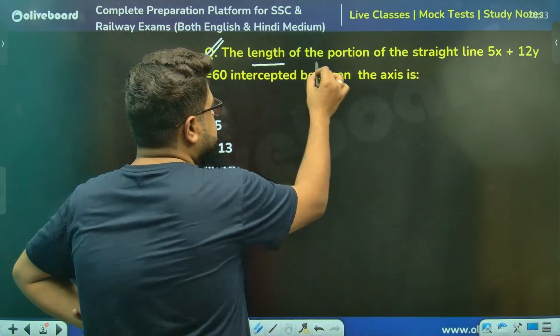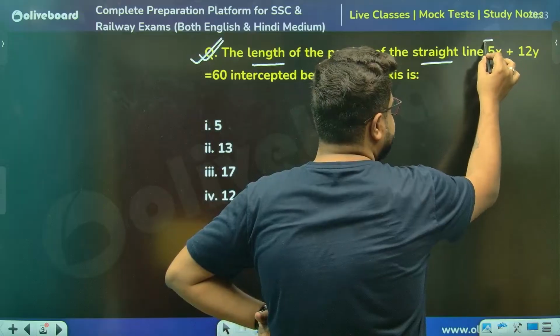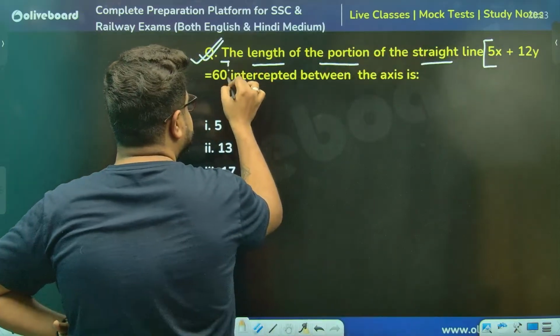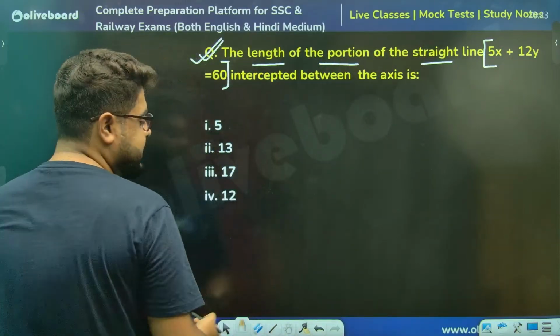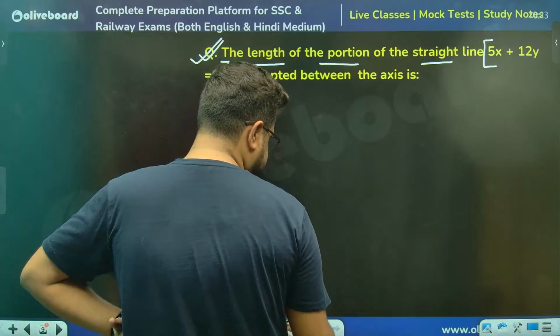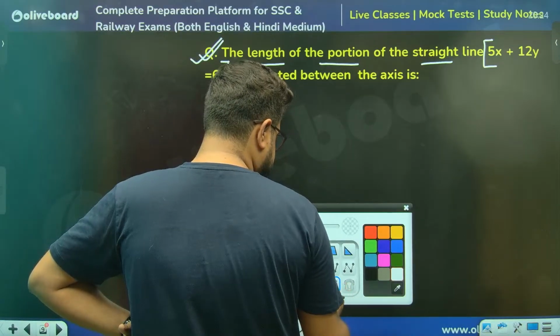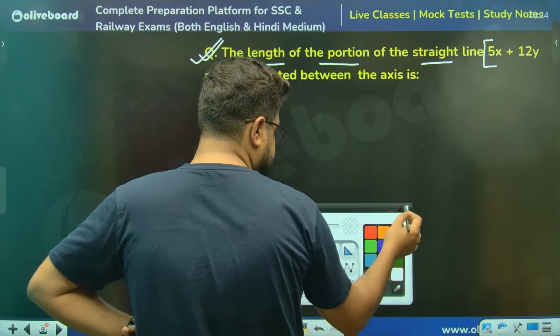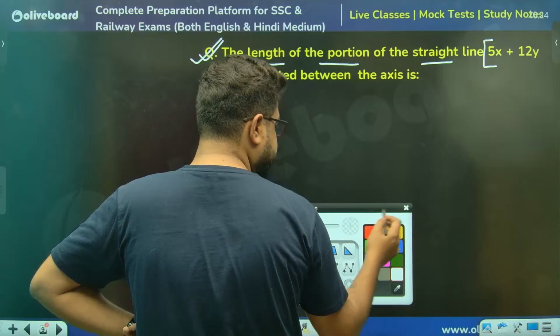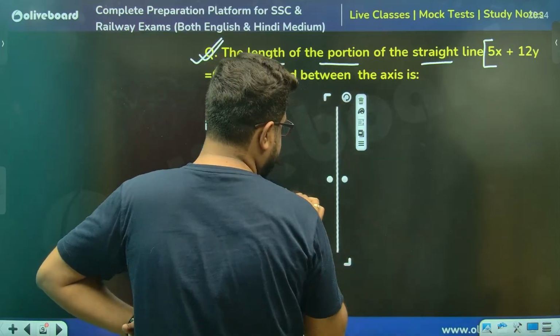Length of the portion of the straight line. The equation is given. So what are they actually saying? Please understand.